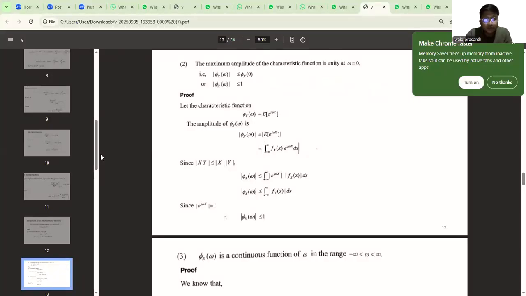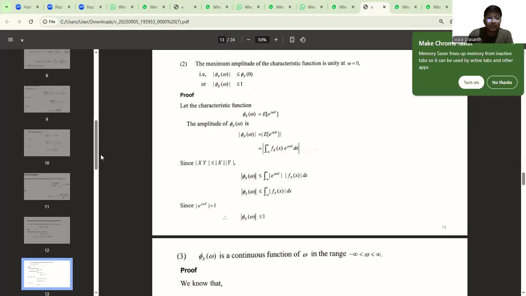The maximum amplitude of a characteristic function is unity at ω = 0, that is, |φx(ω)| ≤ φx(0). Proof: the characteristic function is φx(ω) = E[e^(jωx)]. The amplitude |φx(ω)| = |E[e^(jωx)]| = |∫ fx(x) e^(jωx) dx|.